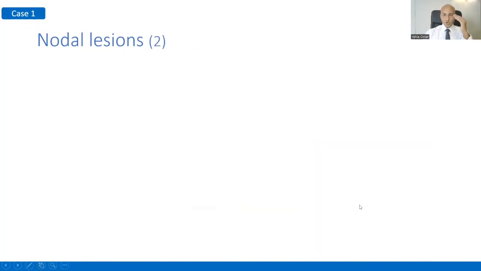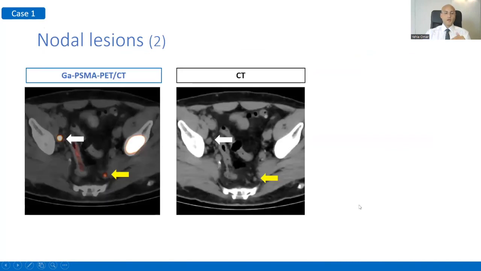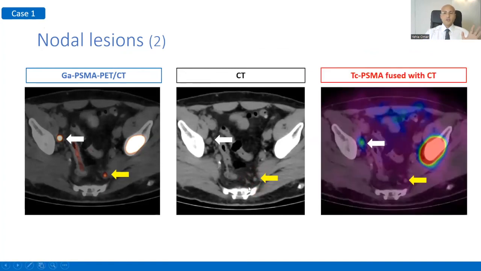Now let's move to smaller lymph nodes, like the left internal iliac lymph node. As you can see here, this is a tiny node, almost around 6 millimeters. This one was not accurately detected in the technetium PSMA. We had a right-sided node around 10 millimeters, and it was detected in the technetium, and the large left iliac bony lesion was also clearly detected.